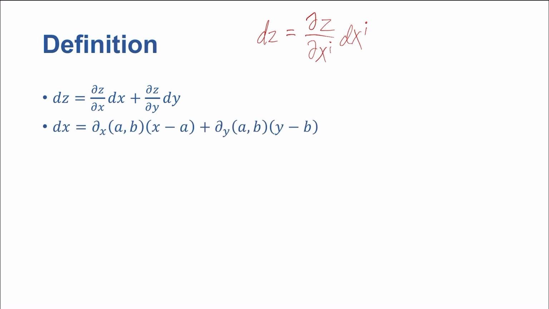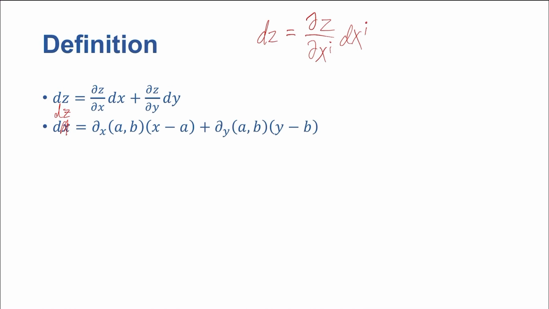Anyways, if I want to rewrite this in a more succinct way, that should be dz, by the way. dz is equal to partial z partial x at (a,b) times (x minus a) plus partial z partial y at (a,b) times (y minus b). Okay? And again, that should be fairly straightforward.